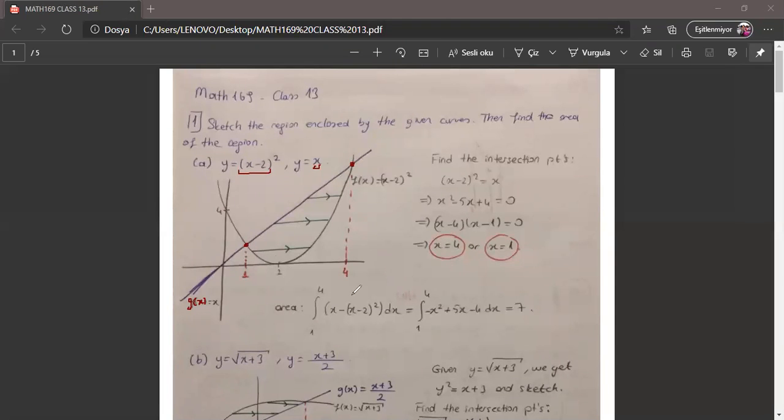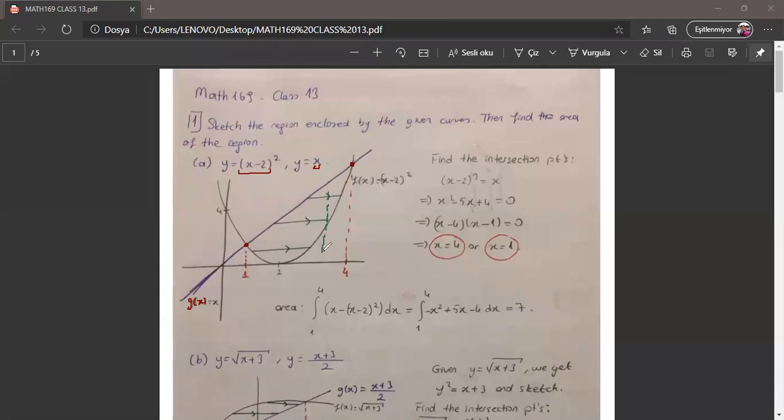Now the area is a function, the first function minus the second one. How do we write this? How do we decide the order? We take the function which has greater values, okay, at the same points. So which is greater? It's obvious that y equals x has greater values than the curve.